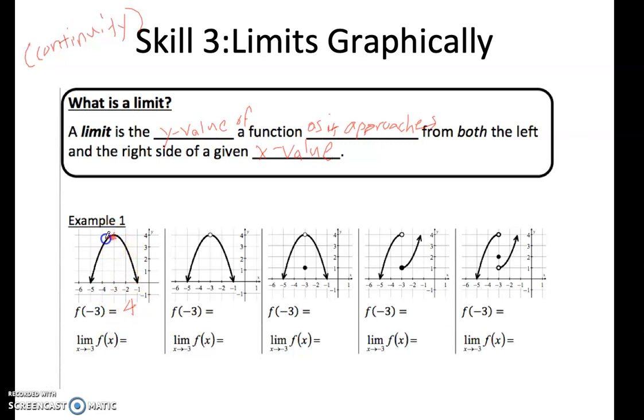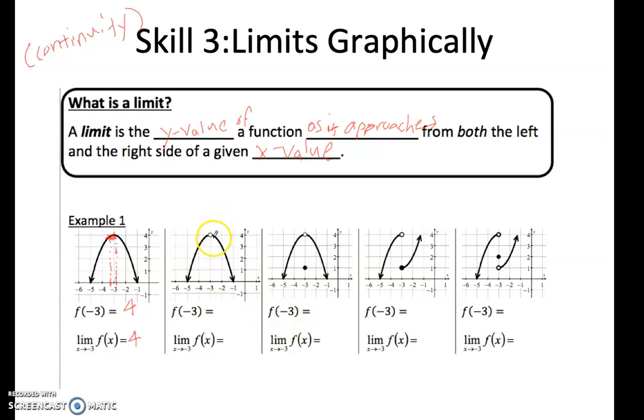When we're immediately to the left or immediately to the right of -3, we are pretty much right at about 4. It's not exactly 4, but it's very, very close to 4 the closer we get to -3. So this is a well-behaved continuous function, and evaluating the function at -3 and computing the limit is the same thing.